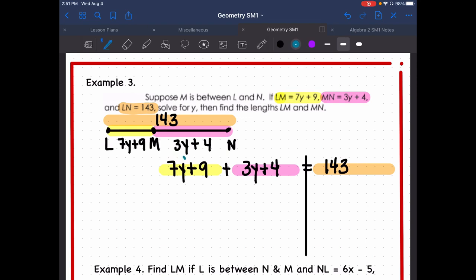Let's start with 7y and 3y. I can add them together to say 10y. I can add them because technically, the 3y, we should have circled the plus in front of it. Then take a look, there's a 9 and a 4 left. You can combine them as well. 9 plus 4 is 13.